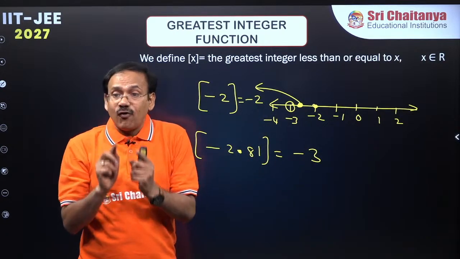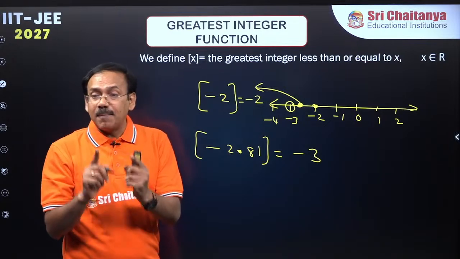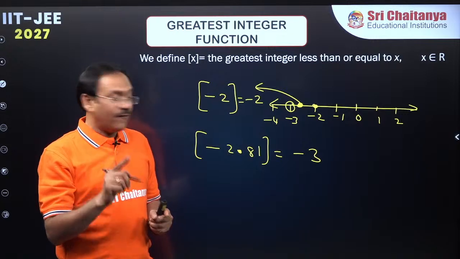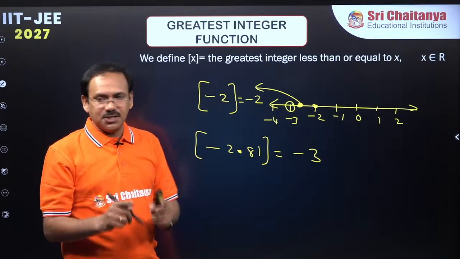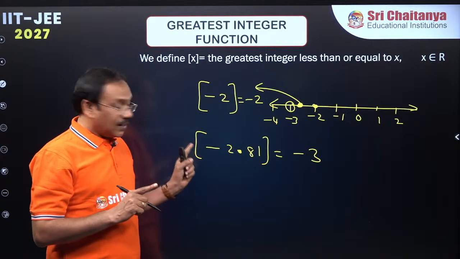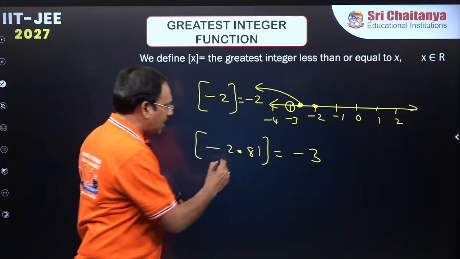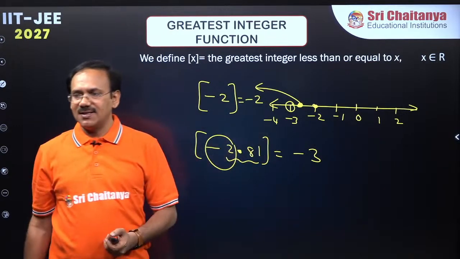So while finding step of a negative number which is not an integer, a negative non-integer, be careful, the answer is not minus 2, in fact it is minus 3, dear students.